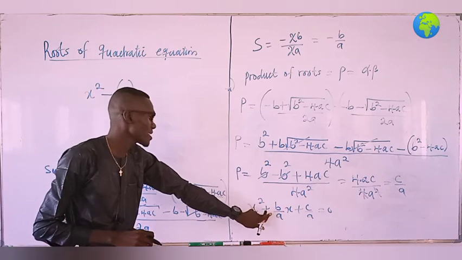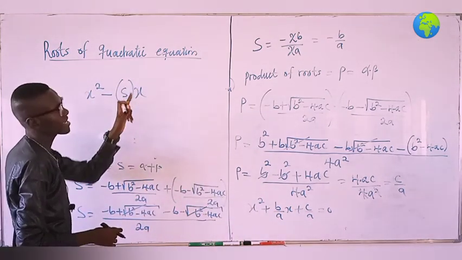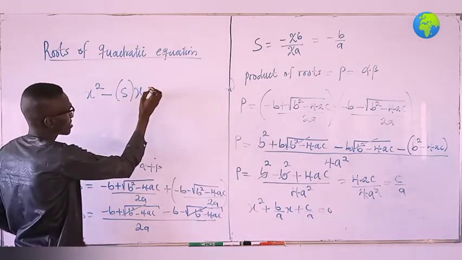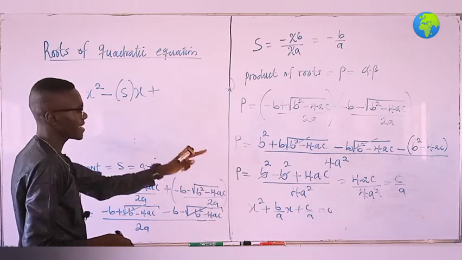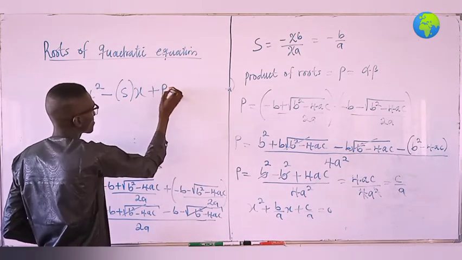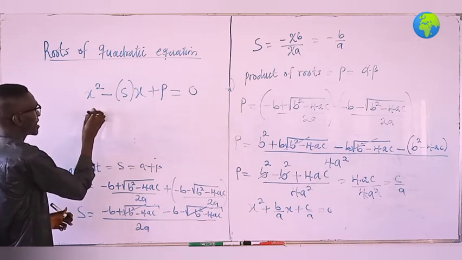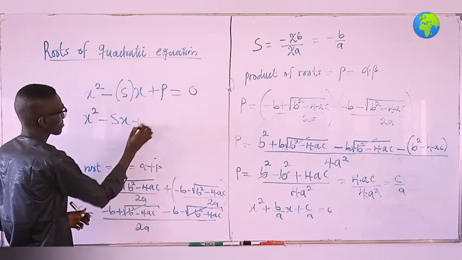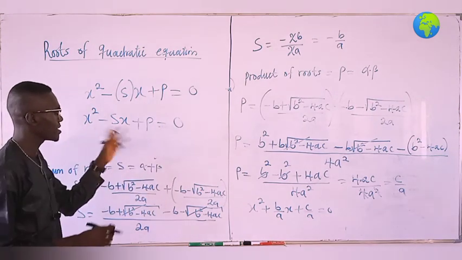It will be positive. Then x will be here, because I said s has a minus. Then I will just say plus c over a. That's what we got. But c over a is p. So that means I can just put p here is equal to 0. In short, it's just x squared minus sx plus p is equal to 0. But remember, I said s is sum, p is product.